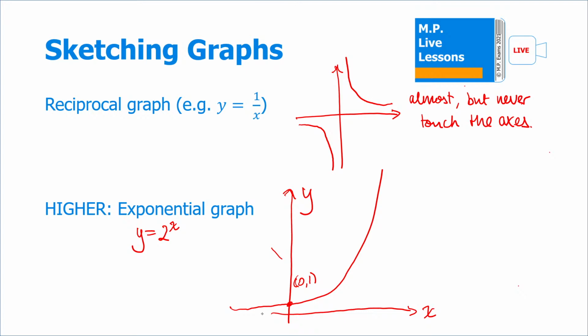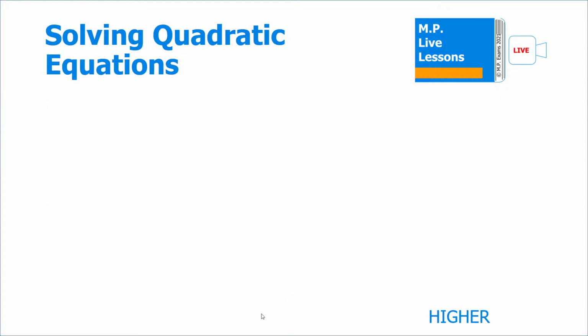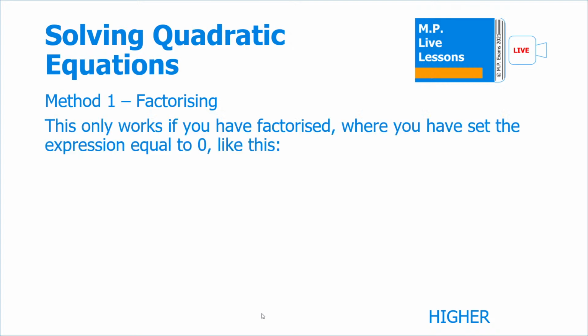Now, back to algebra again, is where we come back and try to solve some equations, like quadratic ones of a higher tier. So one method you could use is factorizing. They'd usually give you a nice one you can factorize. And you can only do it when you've set the factorized brackets equal to 0. So let's say we got these brackets here.